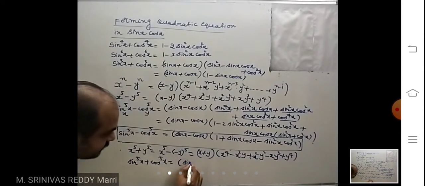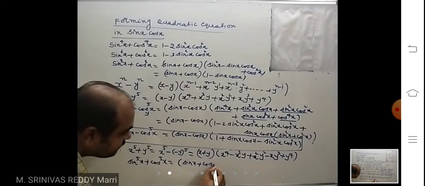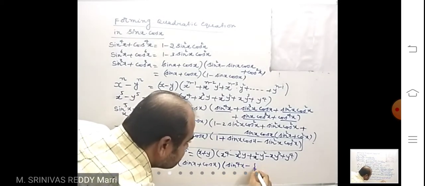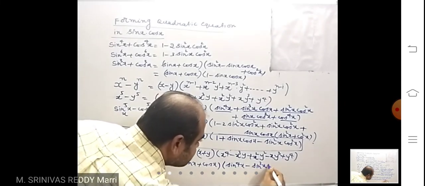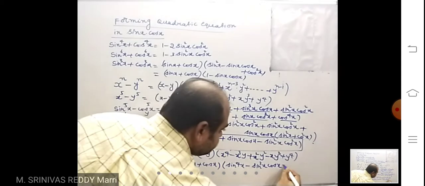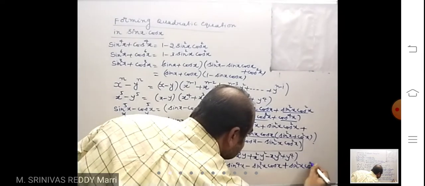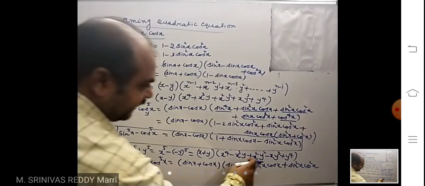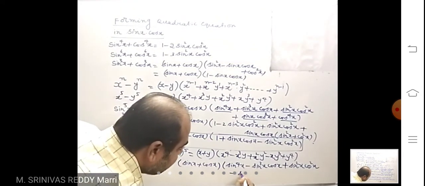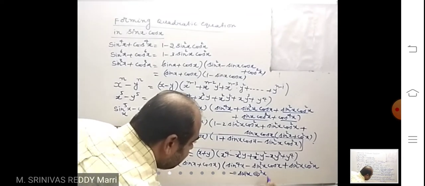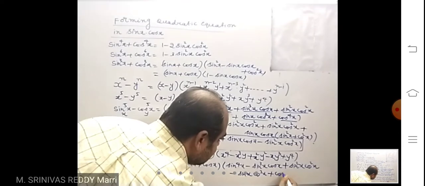That means this formula is sin x plus cos x into, look at, sin power 4x minus sin cube x cos x plus sin square x cos square x minus sin x into cos cube x plus cos power 4x.